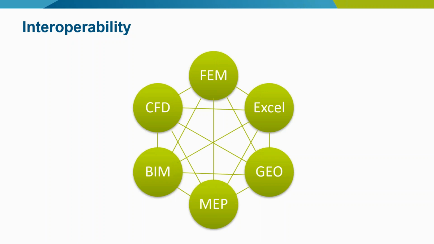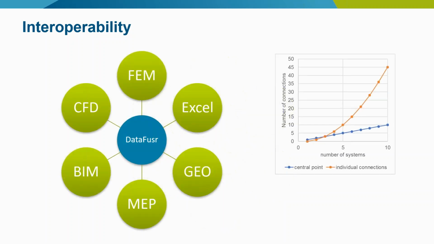So what we do to help us with interoperability, we have a platform called Data Fuser. And what it does is that this functions as a central point to communicate data. And what you see at the right is that when the number of systems increases, the number of connections is not increasing exponentially, but linearly.